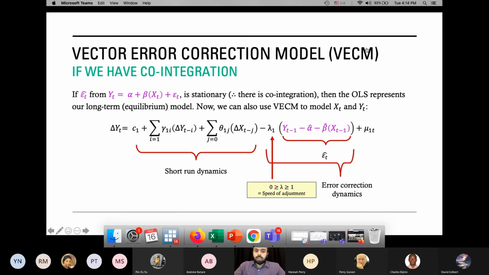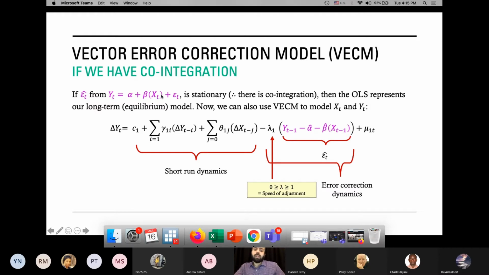This is also a type of regression where we have both long-term and short-term dynamics. The idea is that if the error term from this linear regression model is stationary, which means that we have co-integration between x and y, then the OLS representation, which is this same linear model, would represent our long-term relationship.